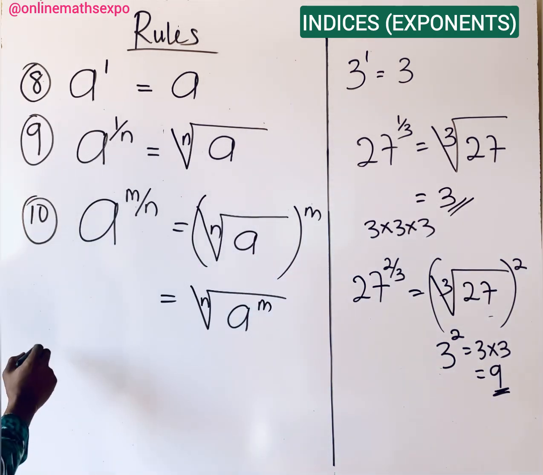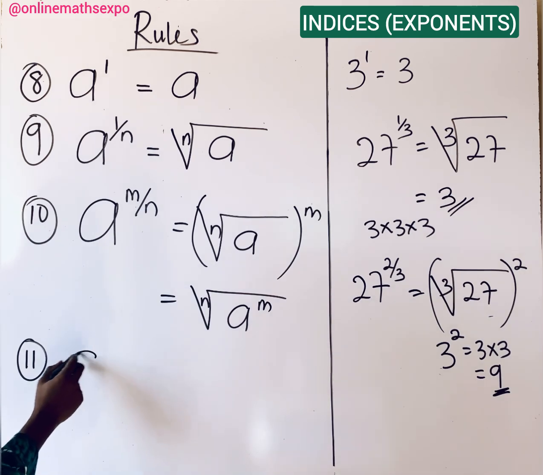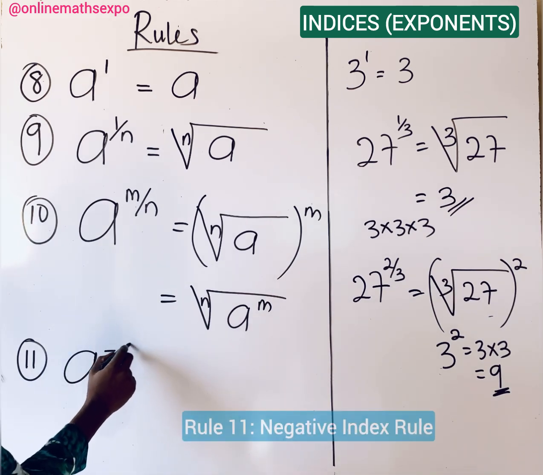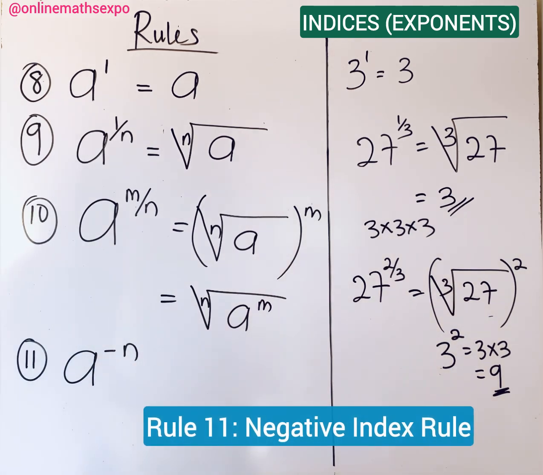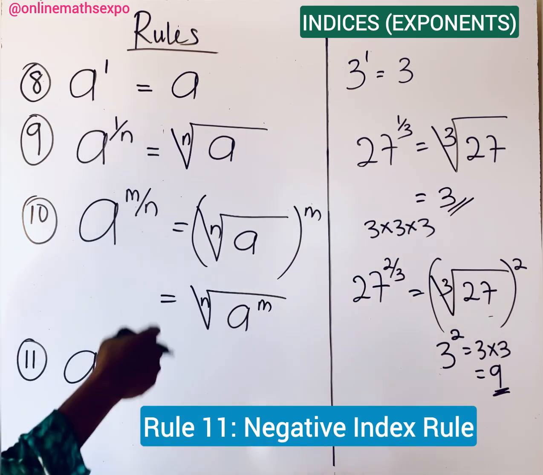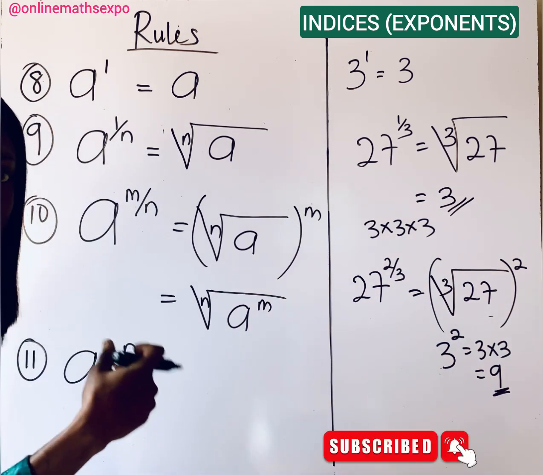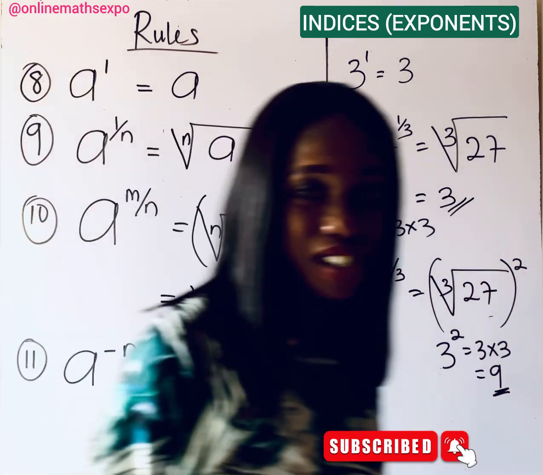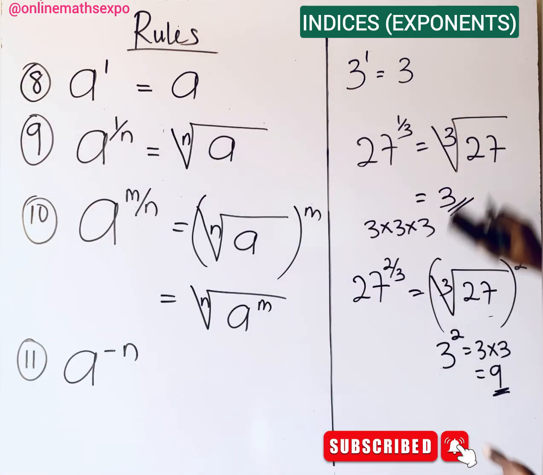Now let's go to rule number 11. In that rule we have, if you have a to the power of negative n, we call this the negative power rule or the negative exponent rule or index rule. And what does that rule say?